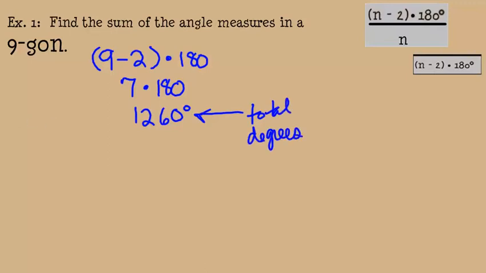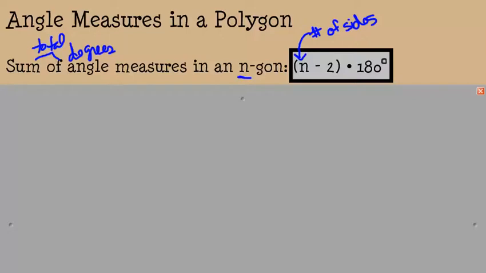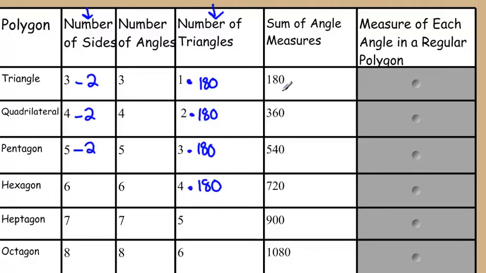Okay, now let's go back and look again. How do I go from the sum of angle measures to find each angle measure? If it's regular, we know that all the angle measures are the same. So how would I find each angle measure in a triangle? How many angles are there in a triangle? 3. 180 is my total.